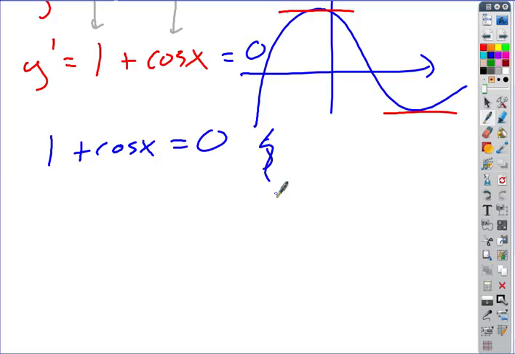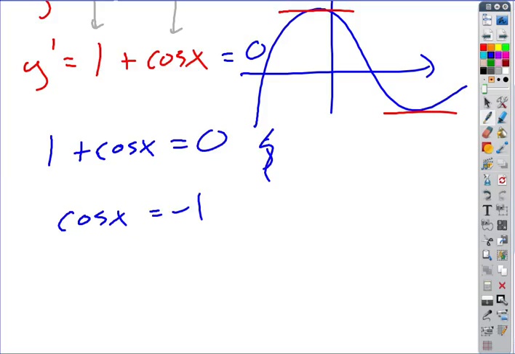If I had to break that down in some steps, I'm going to isolate cosine x. If I subtract 1 from both sides, I isolate the trig function. Cosine x equals -1, and that's a unit circle question, right?